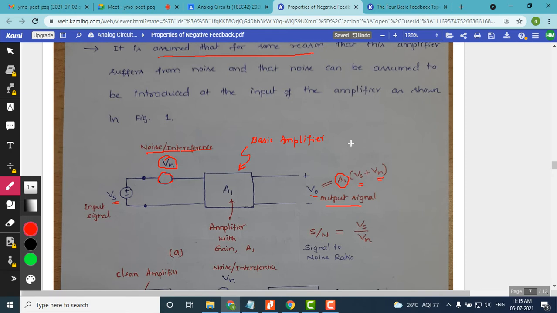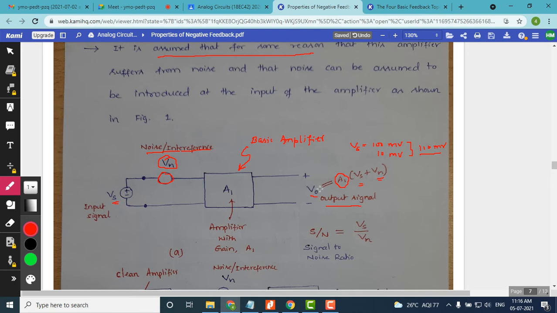Suppose I take an example of Vs as, say, 100 millivolt, and Vn may be, say, 10 millivolt, for example. Assume that this is going to be a small signal amplifier. So, the total voltage now is nothing but 110 millivolts, and this gets scaled up by the amplifier gain, and now the quantity becomes very large, that is going to be the V naught here.